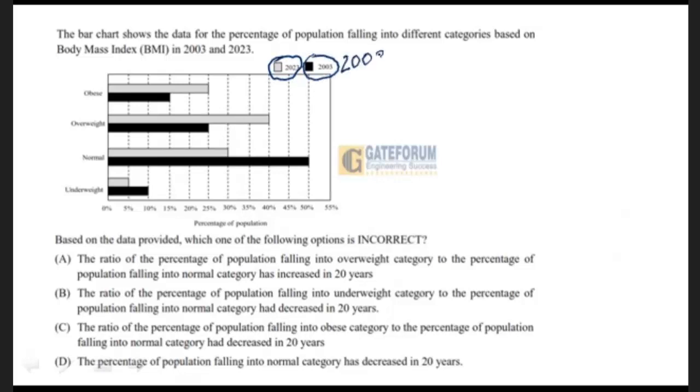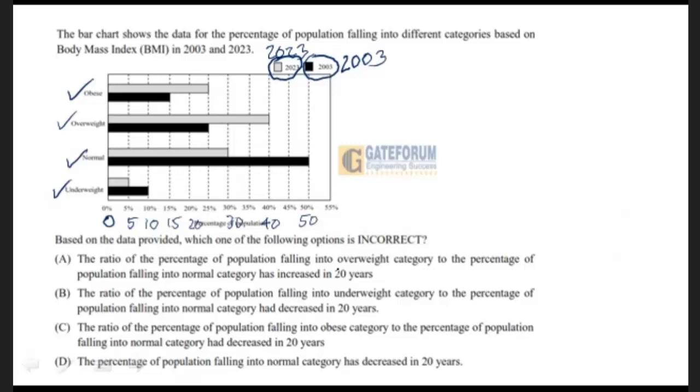The axis goes 0%, 5%, 10%, 15%, and so on, and 50, 40, 30, 20. So I think now it's legible. Obese, overweight, normal, underweight. These are the 4 categories.